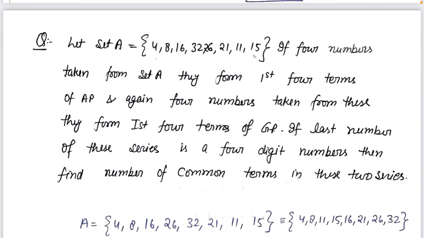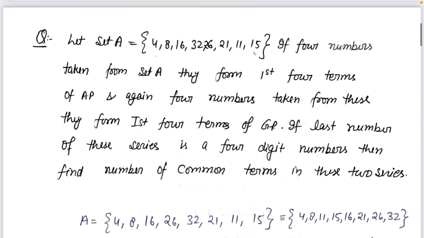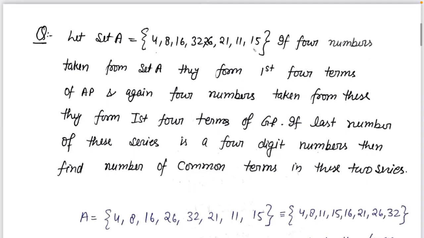So how to form the AP? Students, you will have to think which 4 numbers should I take from 4, 8, 11, 15, 16, 21, 26 and 32, so that they will form AP. Hopefully there will be one combination only. Let me think, what can I take? If I take 4, 8, the difference is 4, then I should take 4, 8, then 12 should come, but 12 is not there.